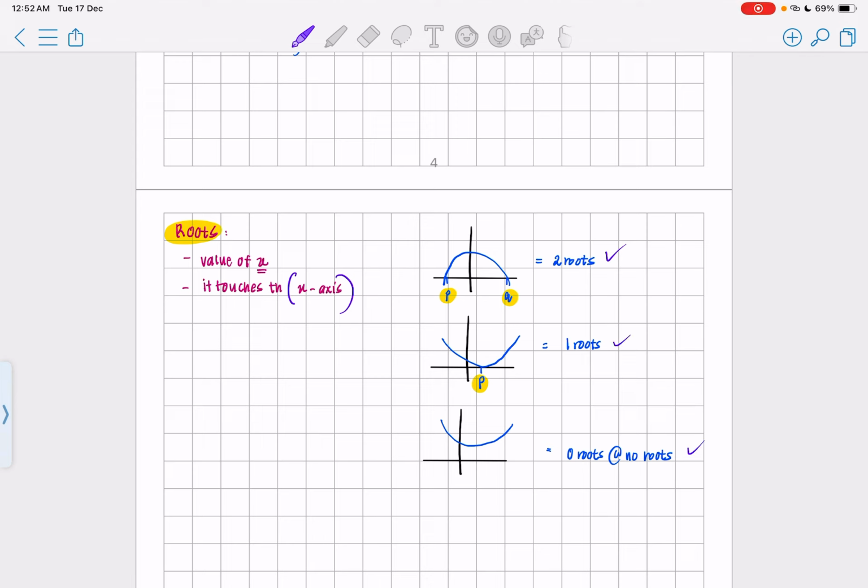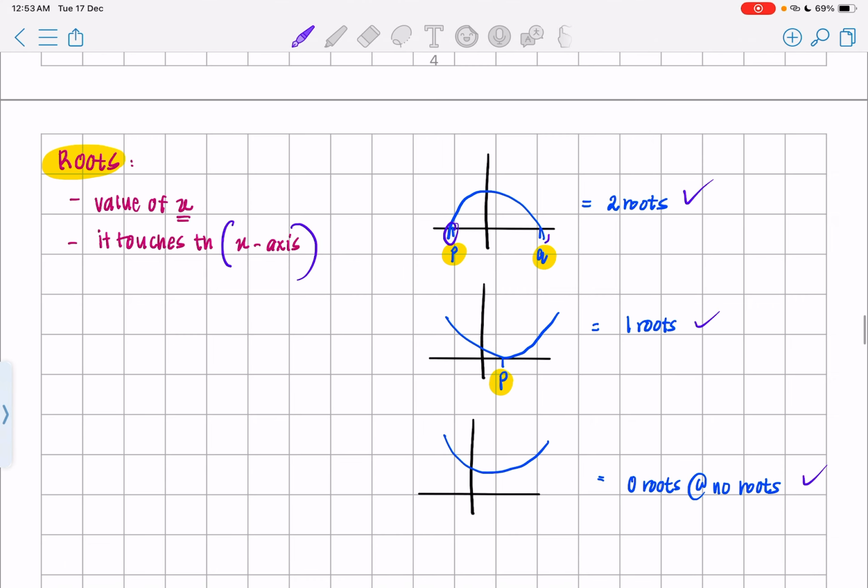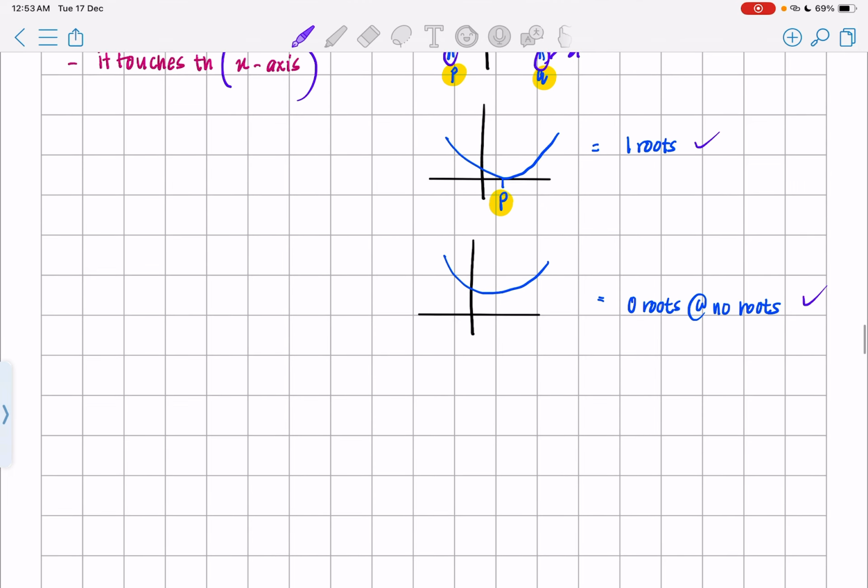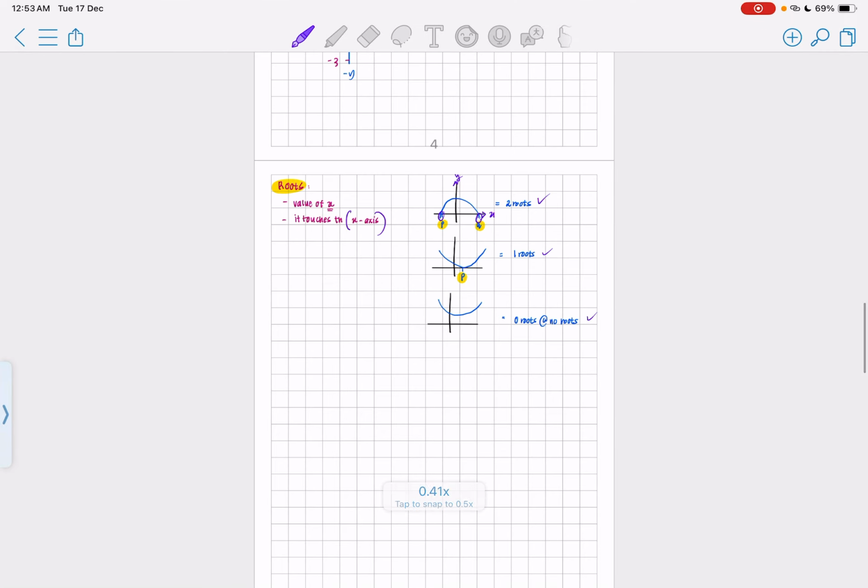How do we know the roots? I will teach you guys how to find the roots, okay? See? This has 2 roots. It touches at the x-axis, and then this is the y-axis. This only has 1 root. There's a case where it has just 1 root, and when it doesn't touch anything, it means 0 roots.